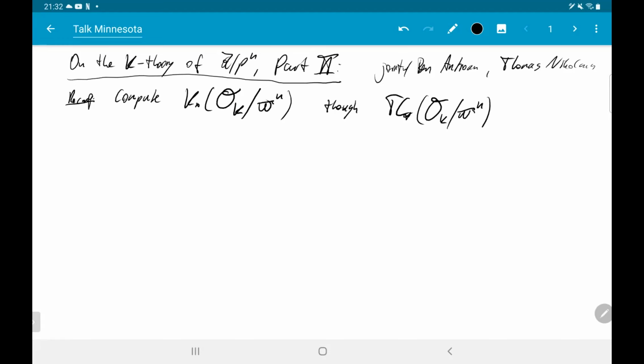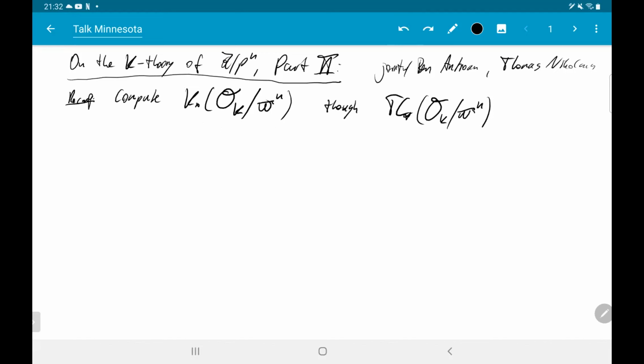That's the generality that we're working in. And it turns out the trace methods approach works very well here, namely TC just agrees with the p-completion of K-theory, at least in non-negative degrees. And so it turns out that's the only interesting part.